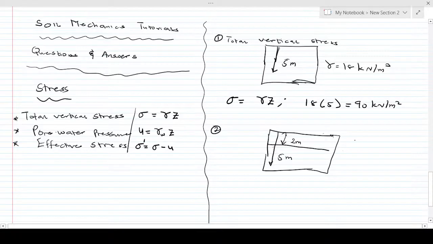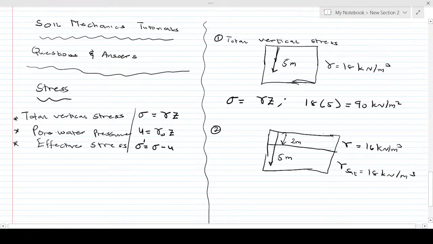We are saying that the unit weight of the soil above is 16 kilonewton per meter cube, and the unit weight of the soil below that's saturated is 18 kilonewton per meter cube.